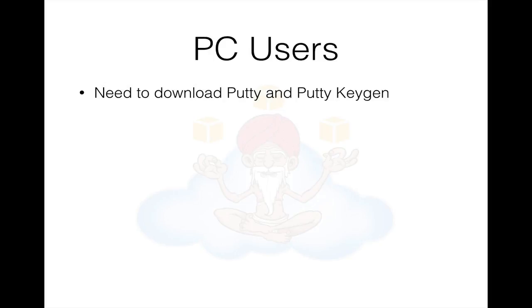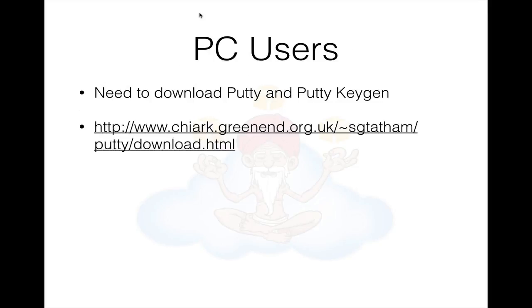So there will be a lecture on how to convert PEM files to PPK files under the EC2 section of this course. But for now, if you could just go to this website and download PuTTY and PuTTY Keygen. These programs don't come with a wizard or an auto installer. When you run them, that will just start the program. So it might be worth saving these to somewhere where you can easily access it, maybe your desktop or somewhere on your C drive.